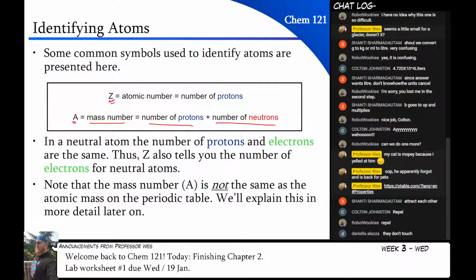Now, what about the mass number? Can you figure out the mass number from anything on the periodic table? The answer is no. The mass number is an integer. It is a count of the number of protons and neutrons in an atom. But the number that is shown on the periodic table on the bottom does not do that. It does something different, and we'll talk about that in Unit 6.